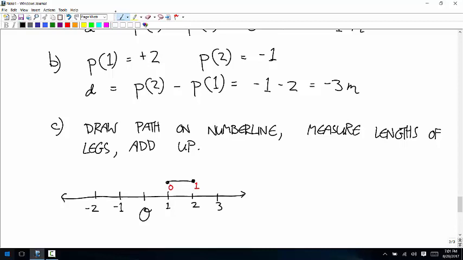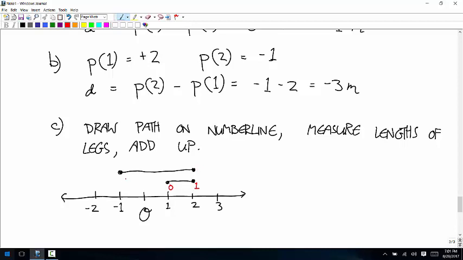So at 1 second, it's at position 2. And then it goes from position 2 down to position negative 1.